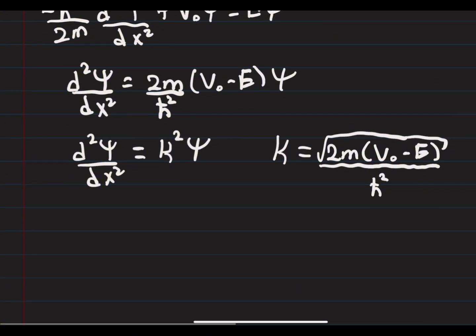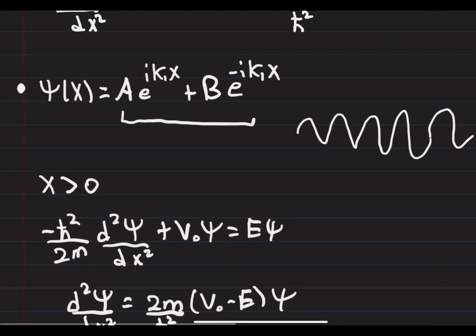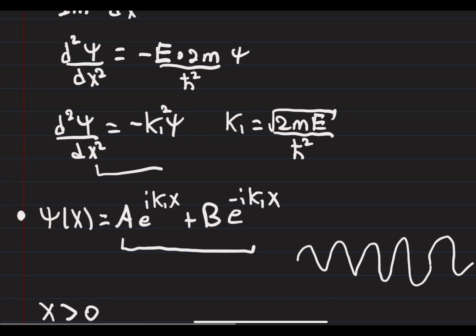And then psi of x is F e to the minus kappa x plus D e to the positive kappa x. And it's important to know because you might be like, well, why is this any different than this?